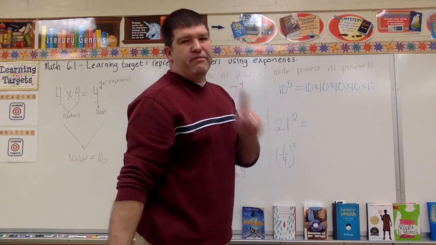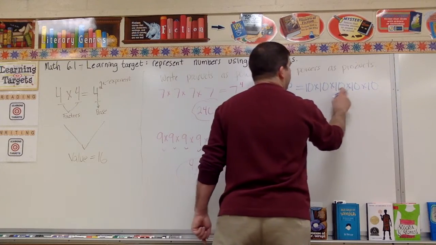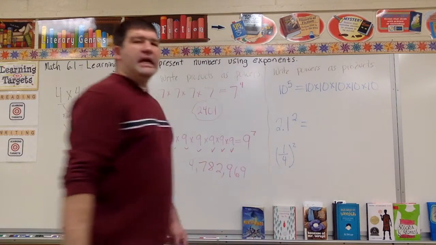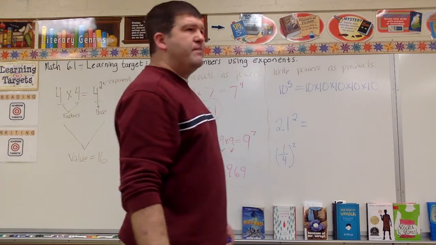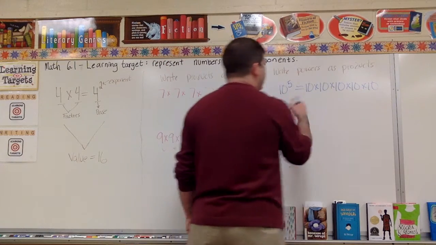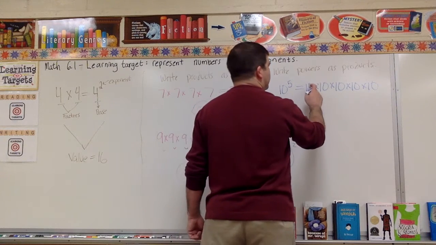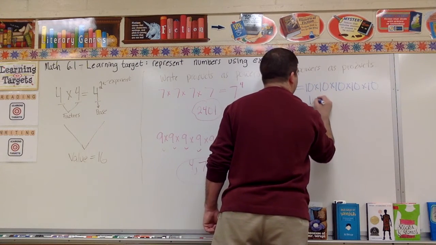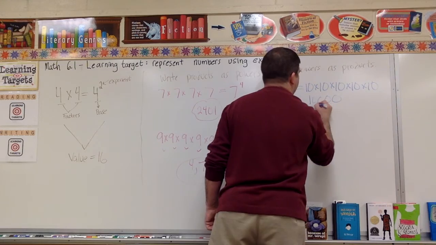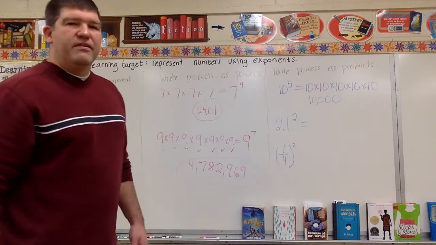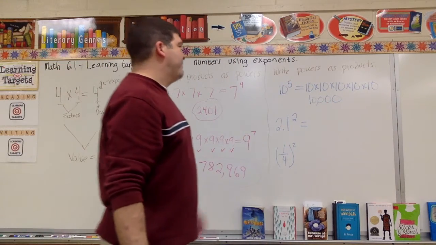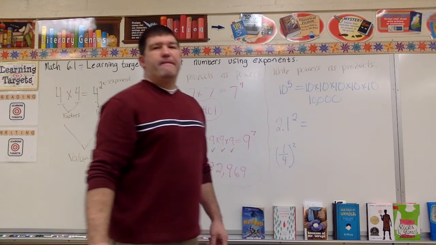And I got to make sure I have 5 tens. 1, 2, 3, 4, 5. Okay? And then I could find the answer to it. This one's nice. When you have it to the 5th, it's 1, and then how many zeros? So the value of 10 to the 5th is 100,000. Okay.